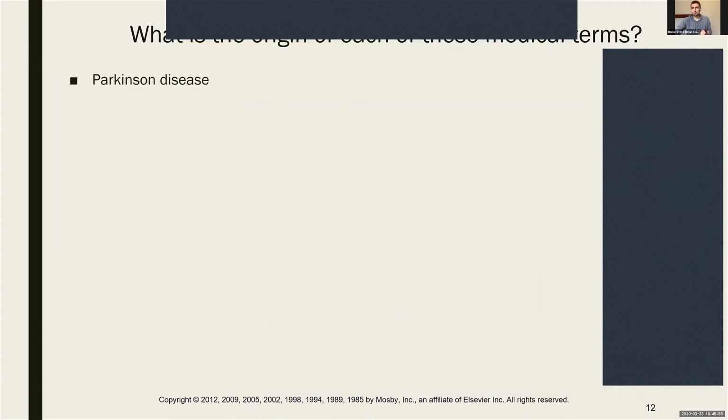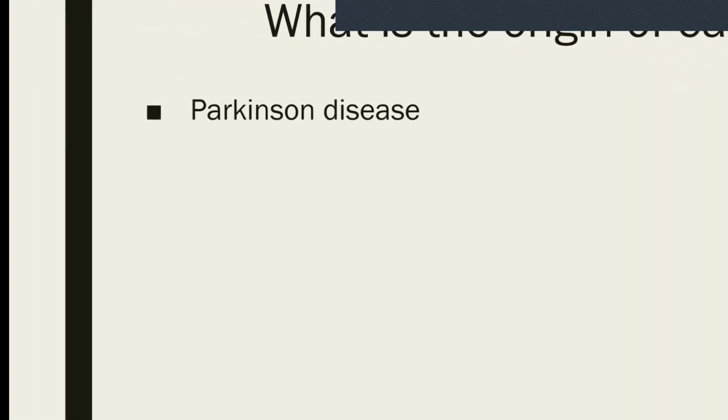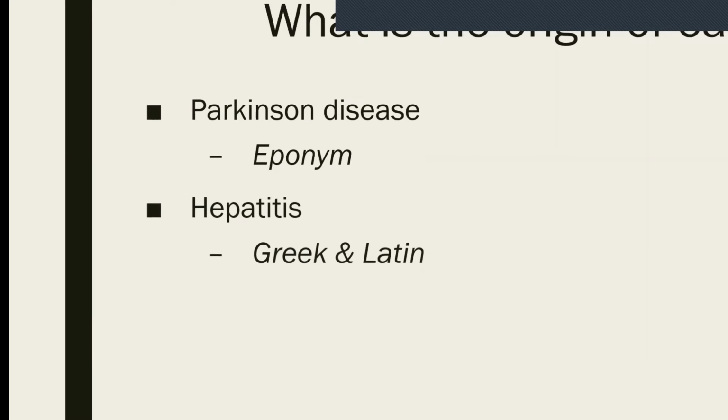Let's look at some of these as an example, and for review. This is an example of exercise 2 on page 4. This is the type of thing you would be going through in your text as you move through the chapter. Parkinson's disease, for example, is an eponym because it comes from somebody's name. Hepatitis is from a Greek and Latin word, hepat, with the suffix itis on the end of it.